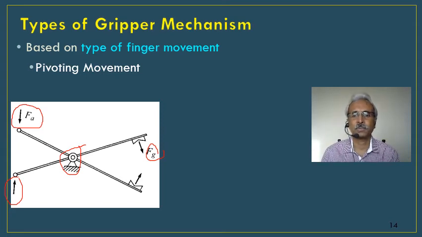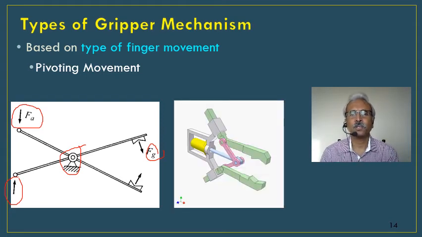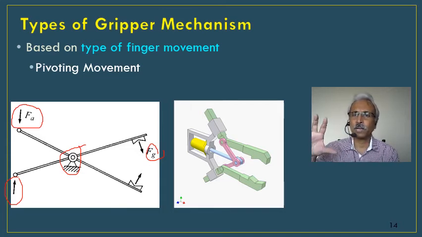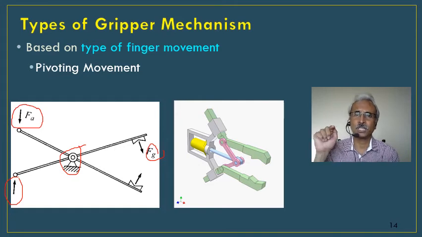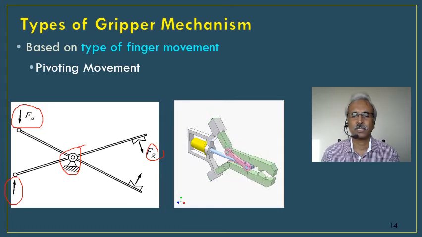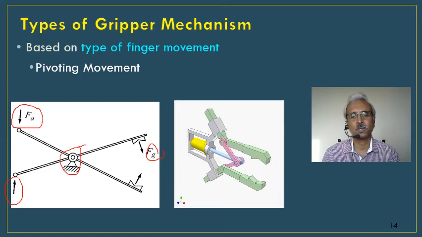So that is the simplest pivoting mechanism. Here there's a small animation you can see. Of course, how do I apply the force for the fingers to move? In this animation you can see there is a piston which gives the pivot movement. The piston goes in and out, and thereby it makes the fingers either open or close.